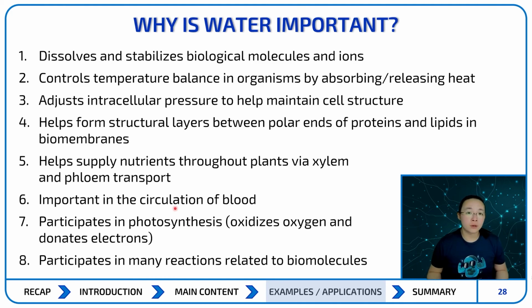So because of water and its electrostatic characteristics, number one, it helps to dissolve and stabilize biological molecules and ions. So that makes sense because ions are going to have charge to them. And because water also is polar, therefore, both of them will want to mix together. So for example, polar substances are going to dissolve in polar solvents.